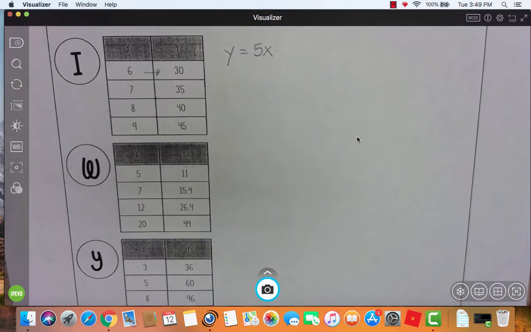So that's all you're going to do. You're going to figure out in my table, how do I get from x to y? Do I add? Or do I multiply? Or do I subtract? Or do I divide? And determine, is my sequence going to be arithmetic, meaning add or subtract, or is it geometric, multiply or divide?